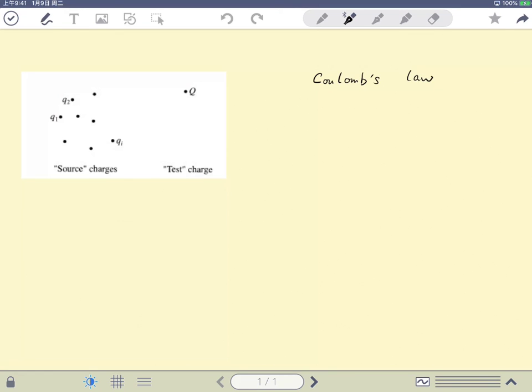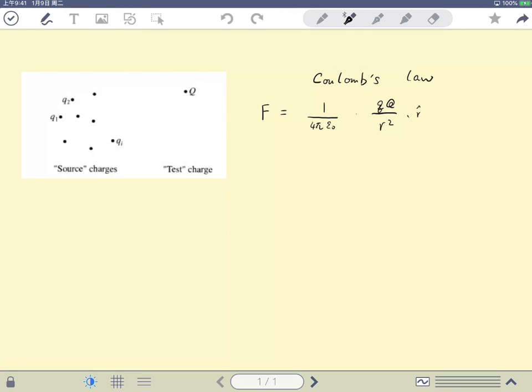What is Coulomb's law? The law reads in the following form: F equals 1 over 4 pi epsilon 0 times q, capital Q, over r squared times the unit vector r hat. In this equation, the constant epsilon 0 is called the permittivity of free space.